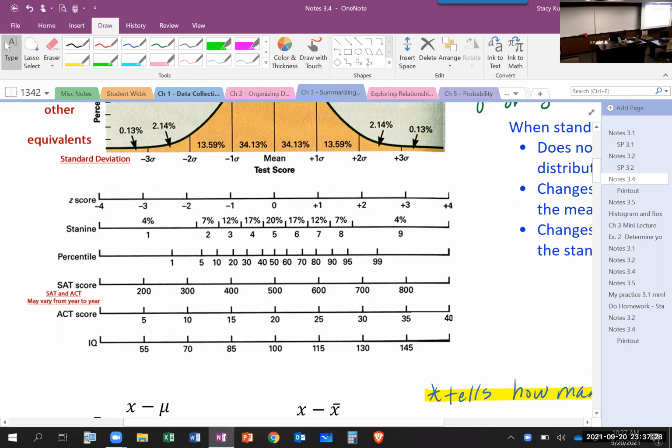Or I can go below: -1 would be below, -2 would be below the middle, -3 would be below the middle. And in essence, what we're doing is we are multiplying the Z-score times the standard deviation of my data set to come up with a value that we can talk about.